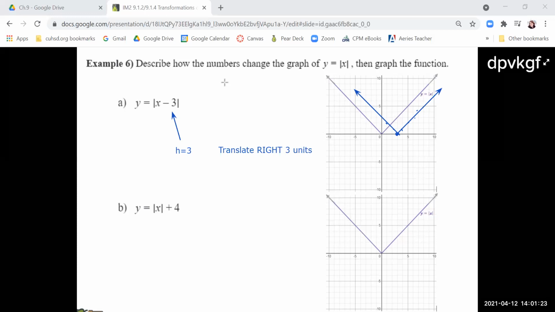All right. This second problem, this is our K value, and that means that K equals 4, which tells us we have a vertical shift, a translation up 4 units.